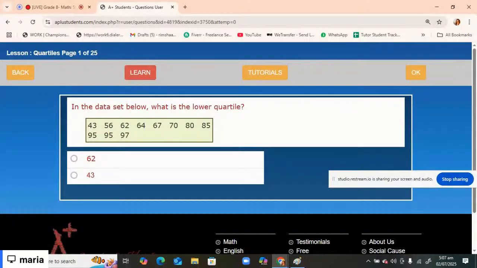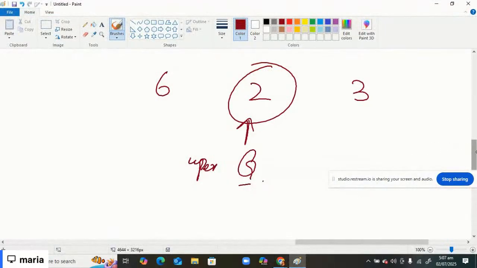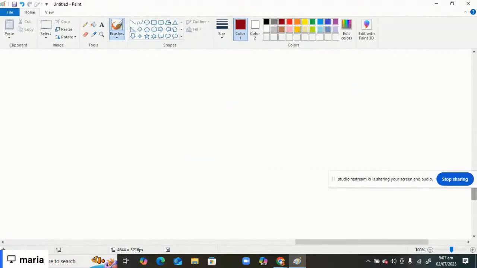This is 43, 56. I'm going to write the data here.